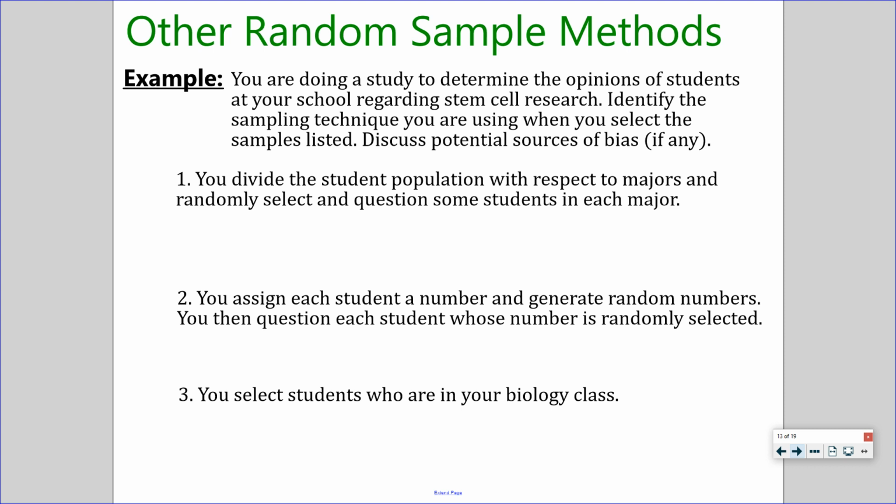Okay, number 1 here. You divide the student population with respect to their majors, and then you randomly select and question some students in each major. Stratified. Good job.